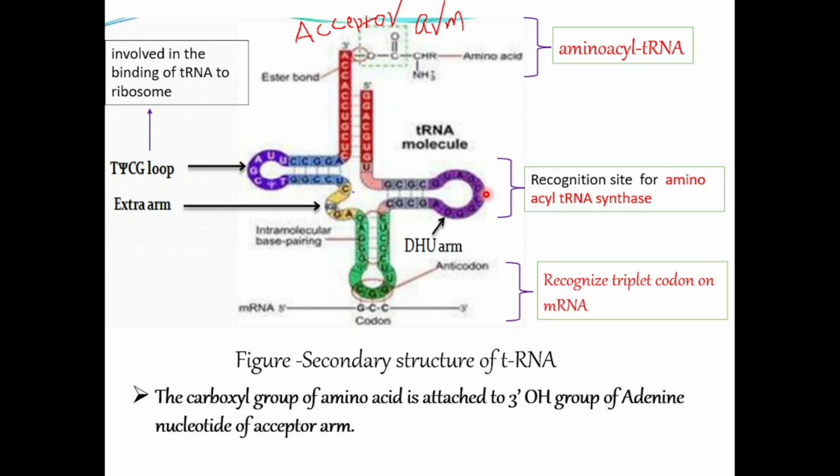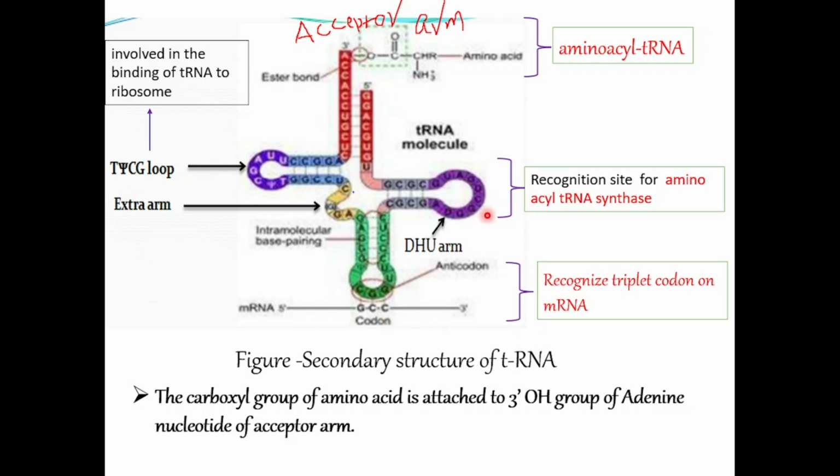Look at the secondary structure here. Messenger RNA carries codons and comes to the ribosome. Then here is a transfer RNA. Transfer RNA has anticodons that can correspond to that codon. This region is the anticodon arm. It is important for the recognition of codons carried by messenger RNA.